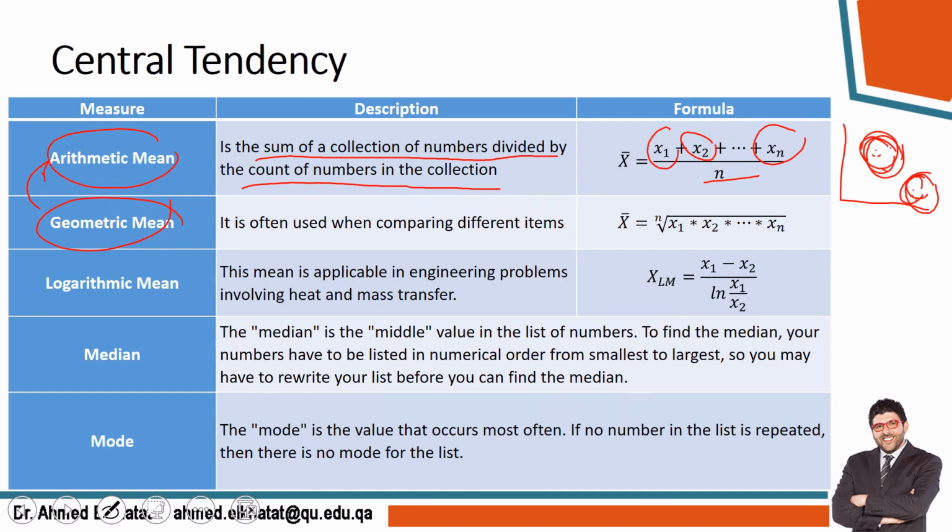So the better one is to find the geometric mean, and the geometric mean is the nth root of x1 times x2 times until xn.